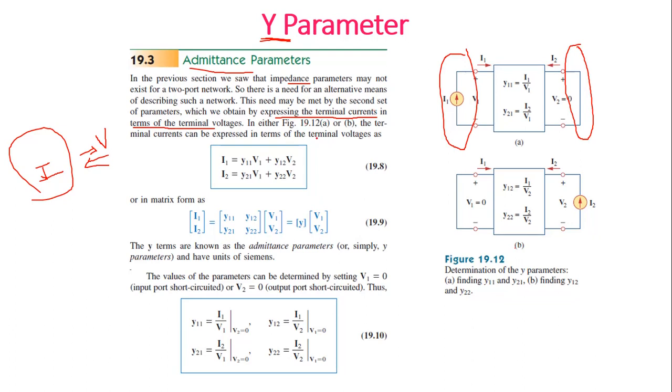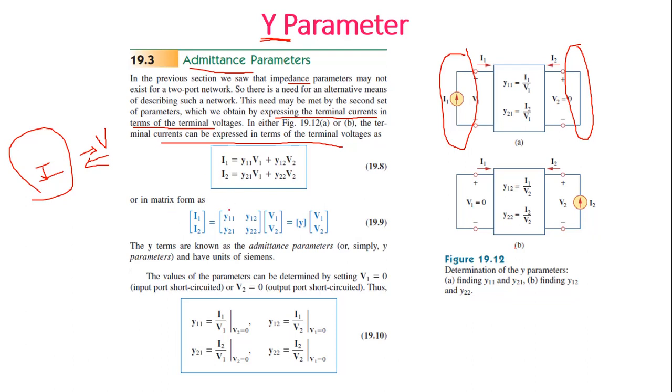Here the terminal currents can be expressed in terms of terminal voltages as I1 is equal to Y11 V1 plus Y12 V2. Similarly, I2 is equal to Y21 V1 plus Y22 V2.